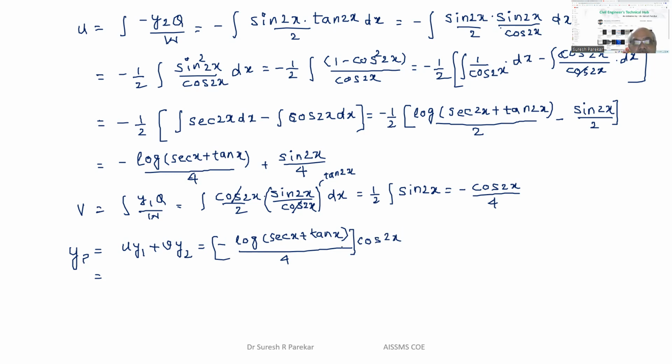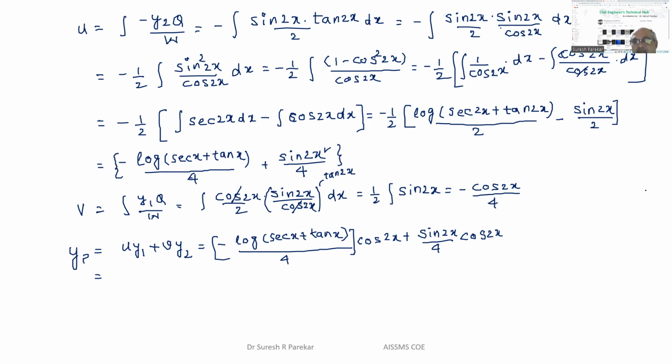Sorry, we have one more term again. So into cos 2x, and the second term is plus sin 2x upon 4 into cos 2x. So we have multiplied both terms of u by cos 2x.